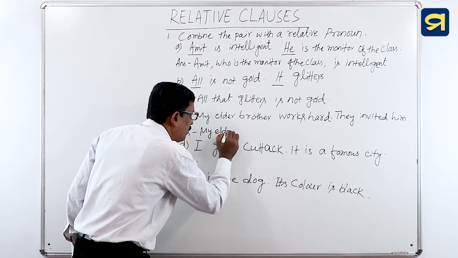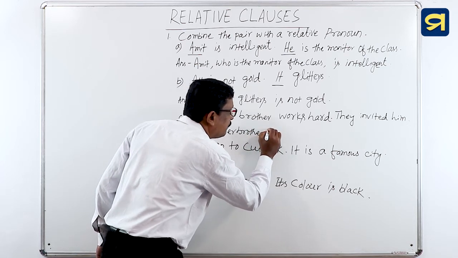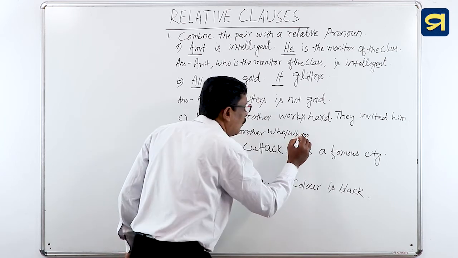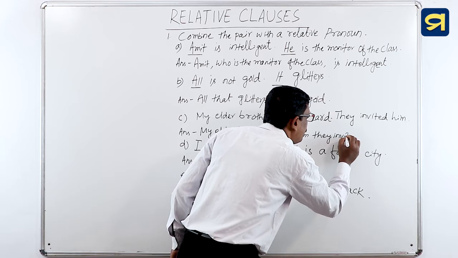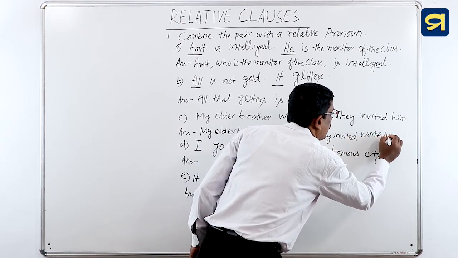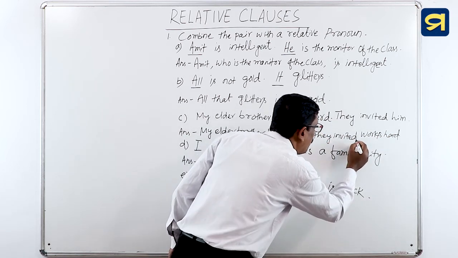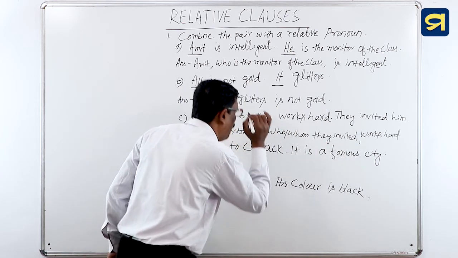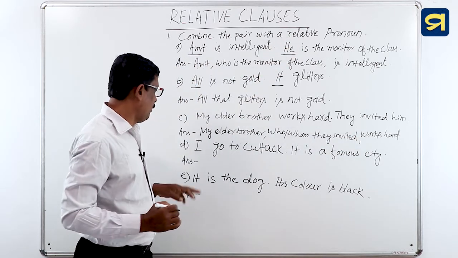My elder brother, whom or who they invited, works hard. Here we have to use the comma at the beginning and the end of the non-defining relative clause.